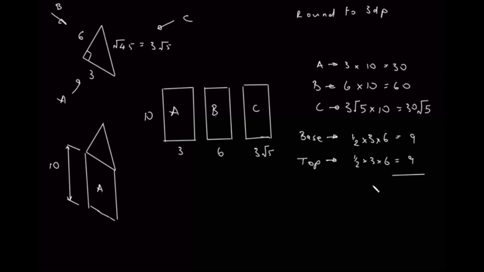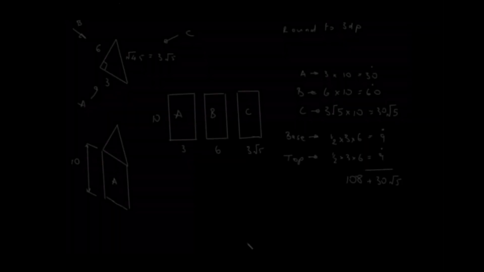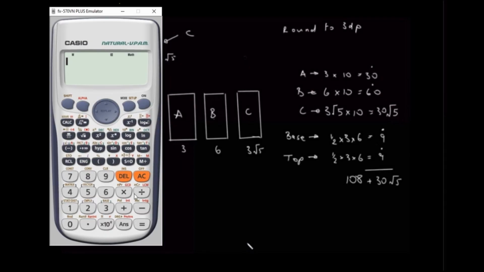So we have 108. That's just these ones here. I'm going to put a dot above it. That one, that one, that one, and that one. Okay, we've now got to add to it that 30 root 5.